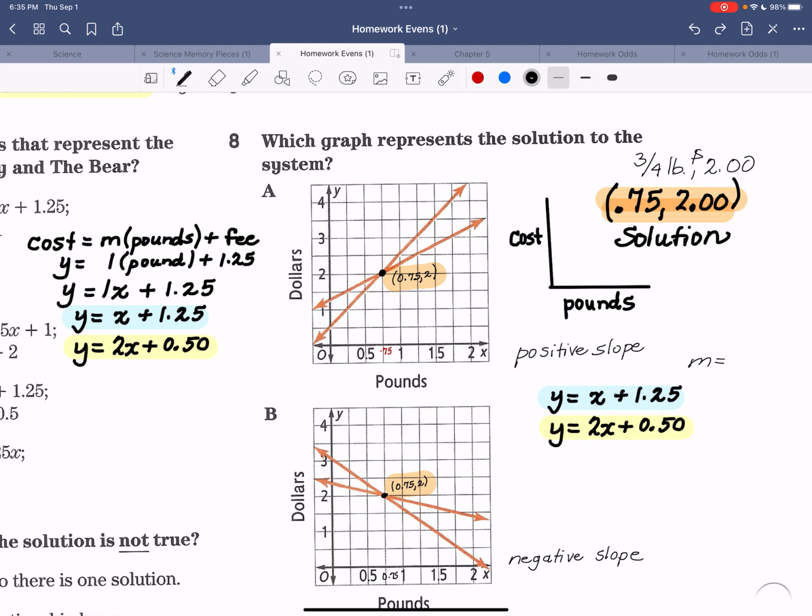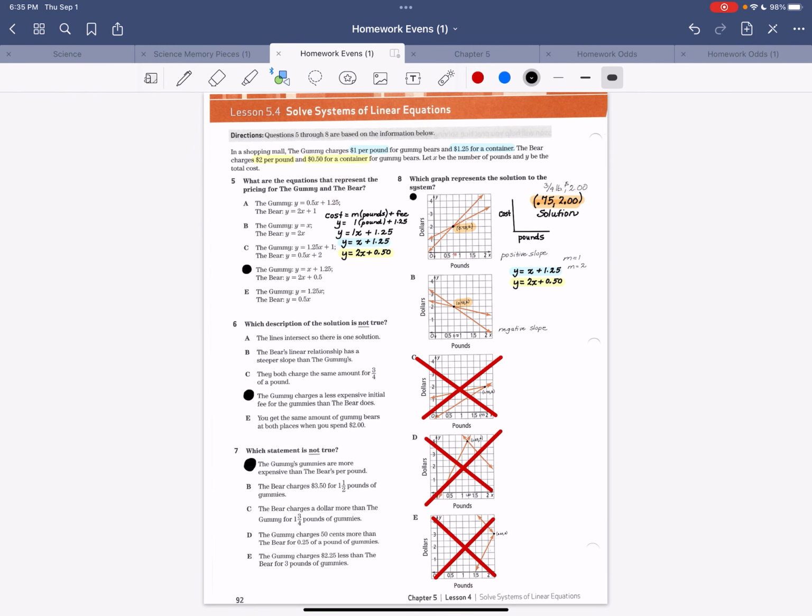Excuse me. m is positive 2. So the slopes for both equations are positive. And for that reason, I would select A on this one. That is a very good question. But all those go together. If you miss the equations in number 5, then the whole thing is going to be skewed. So it's really important to get each step right.